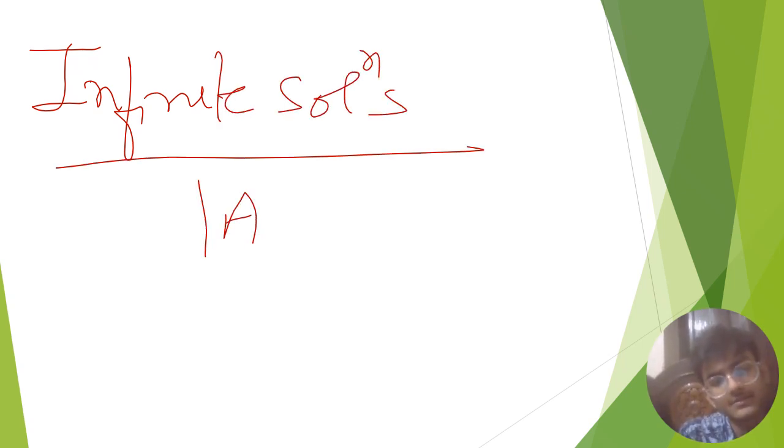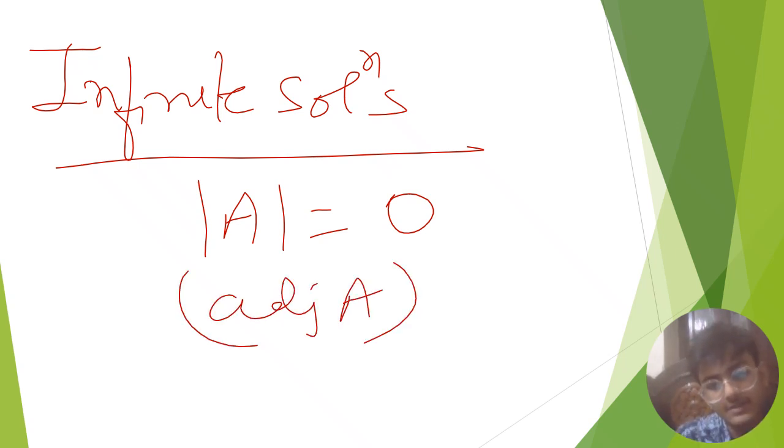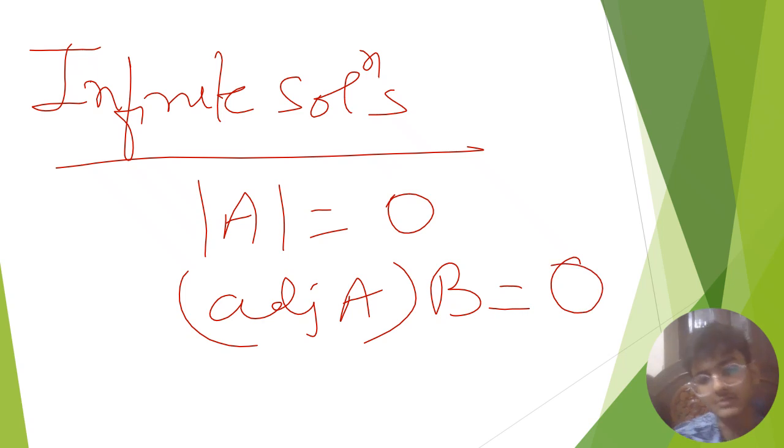Now talking about conditions. For an infinite number of solutions, determinant of A must be 0, and the quantity adjoint of A into B should also be 0.